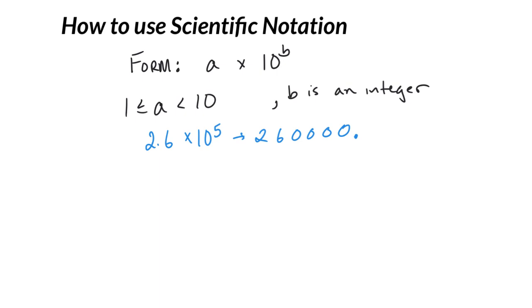If you had something like this, 3.1 times 10 to the negative fourth. Well, negative still satisfies, it's an integer, and 3.1 is between 1 and 10, but a negative exponent represents division. So this is saying I'm dividing by 10. Well, every time you divide by 10, you make your number smaller.